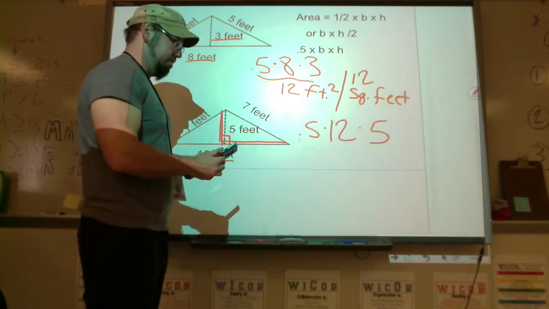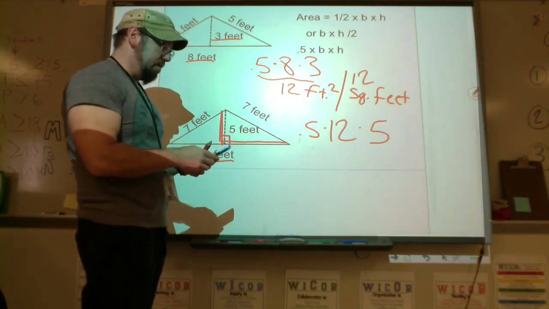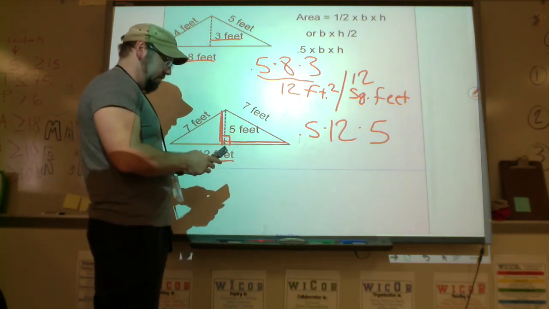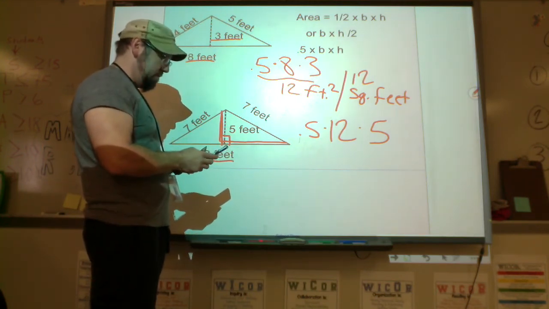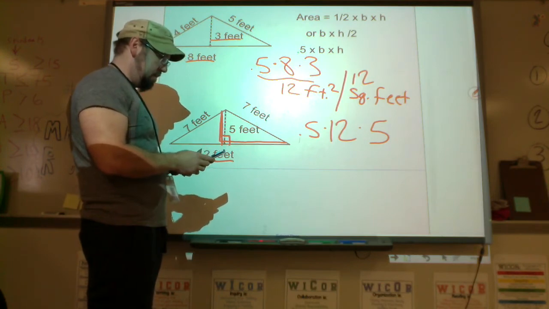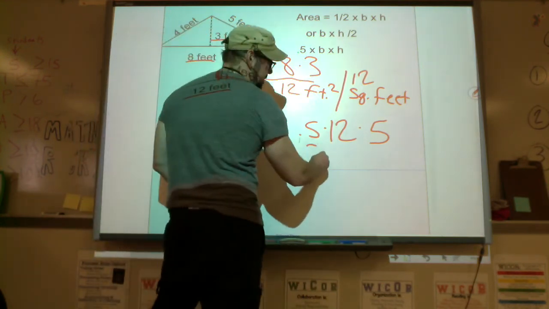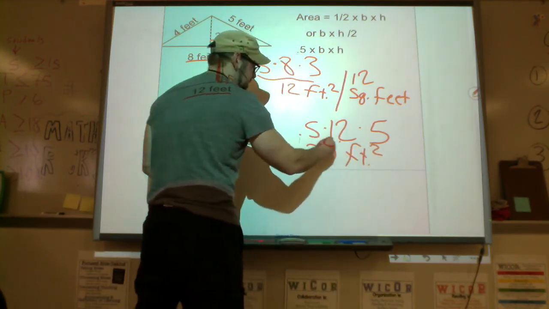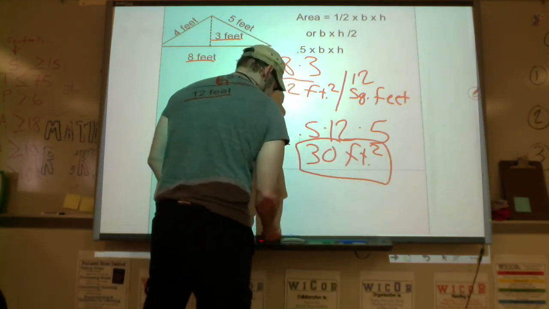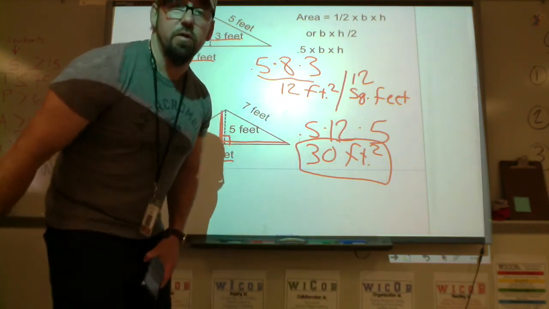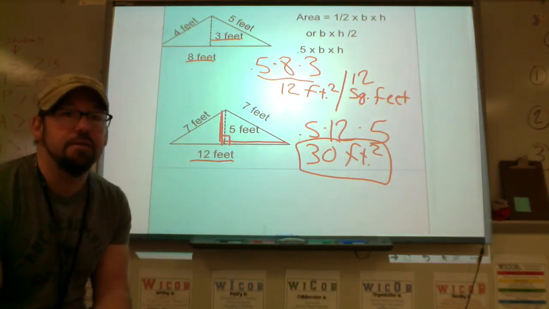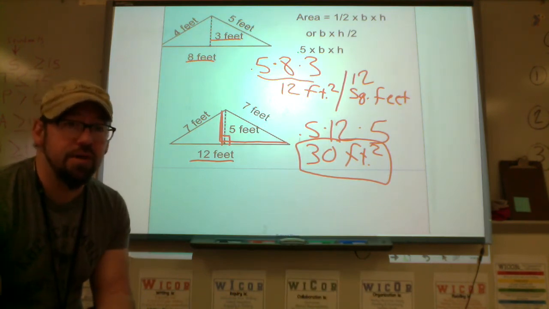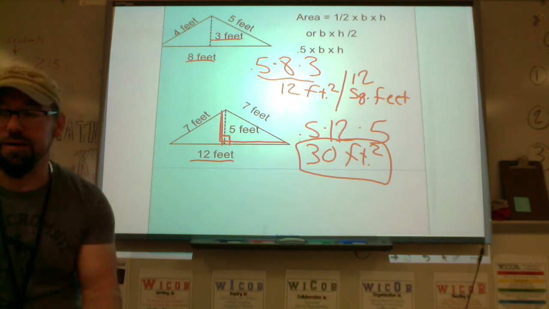I'm going to put that in my calculator, and when I do that, I do it twice, I get 30 feet squared, or 30 square feet. So that is how you find the area of a trapezoid and a triangle.